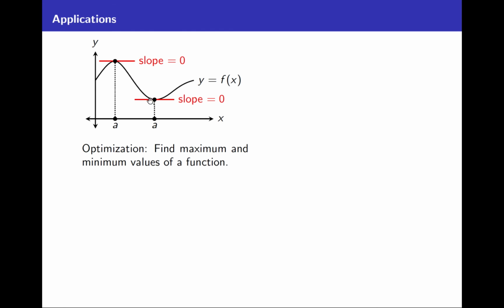So that perhaps gives you some indication for how the derivative of a function can tell you the high and low points of the function. There are tons of applications where you'll want to maximize or minimize some quantity, and calculus provides a means of doing so.